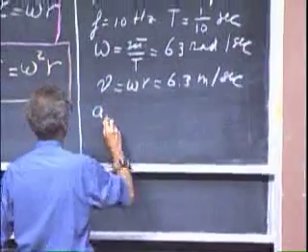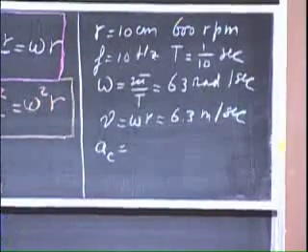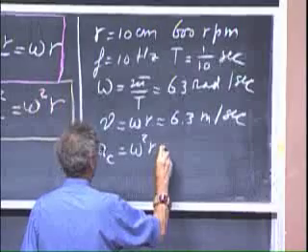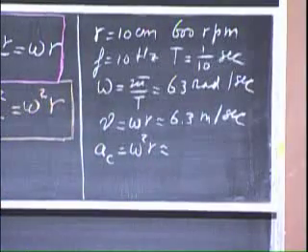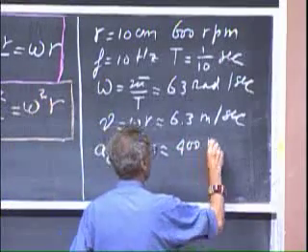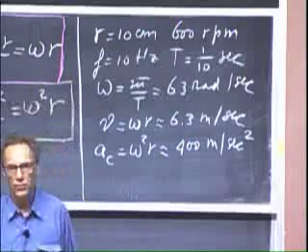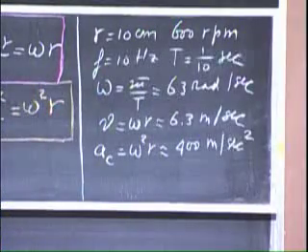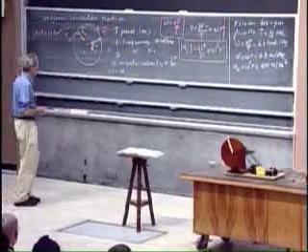The centripetal acceleration, and that's really my goal, would be omega squared r, or if you prefer, you can take v squared over r. You would get the same answer, of course, and you will find that it is about 400 meters per second squared. And that is huge. That is 40 times the acceleration due to gravity. It's a phenomenal acceleration, a simple vacuum cleaner.